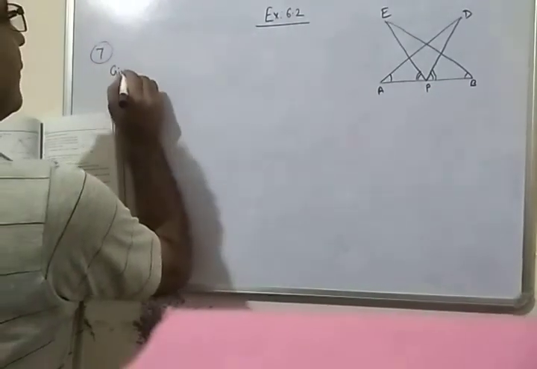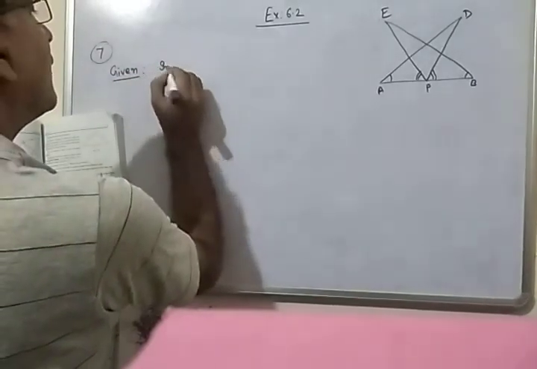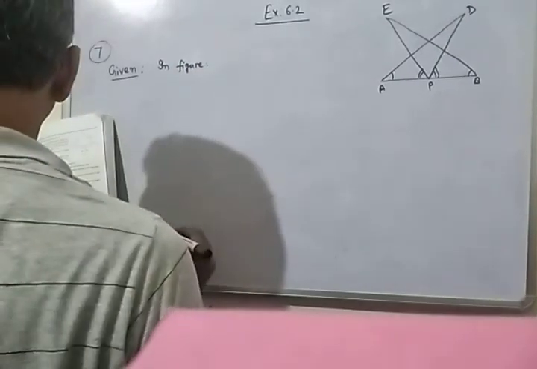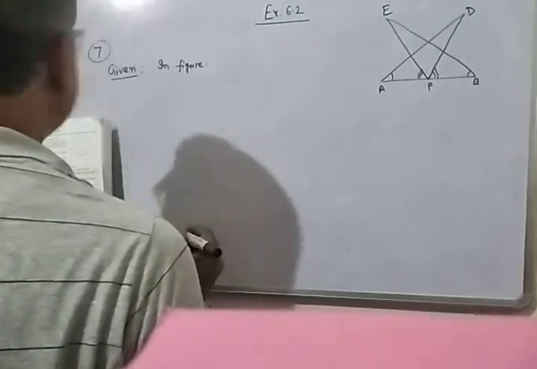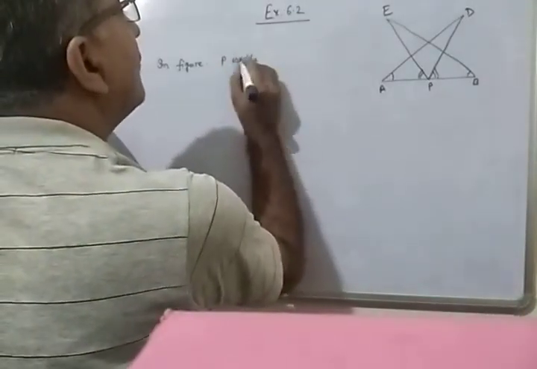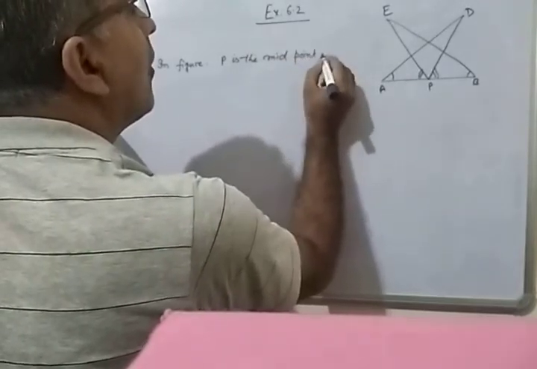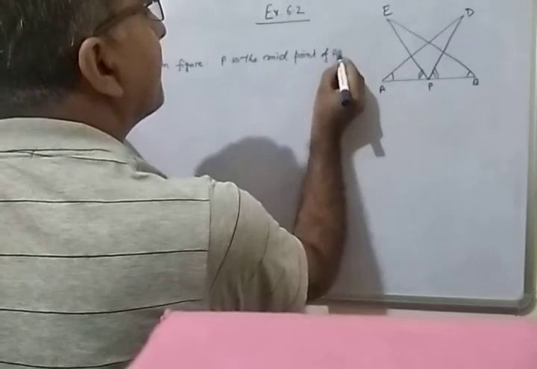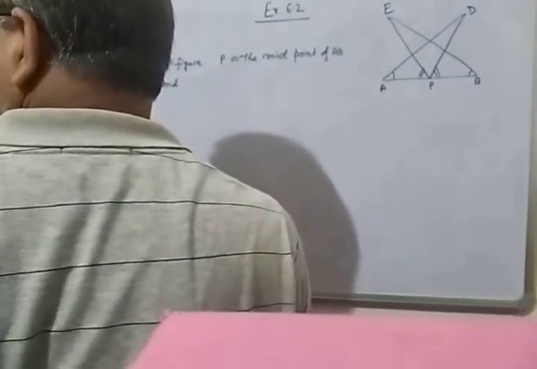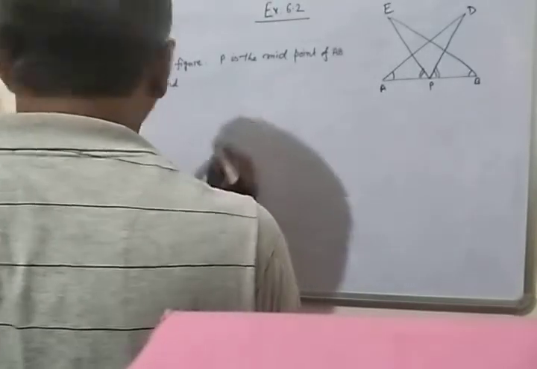First point we have to write, given in the figure: P is the midpoint of AB, and angle BAD equals angle ABE.